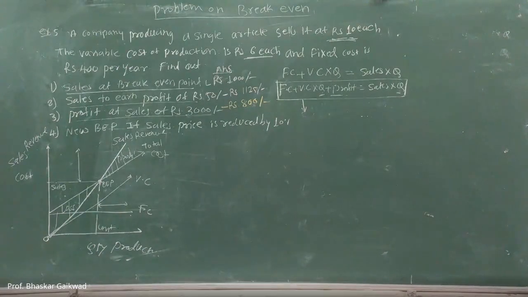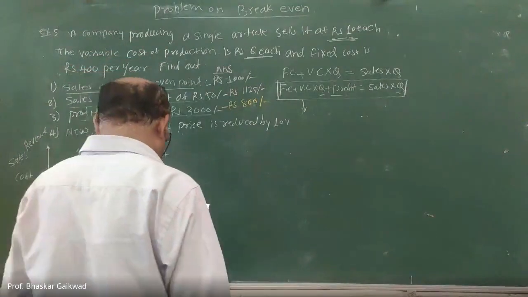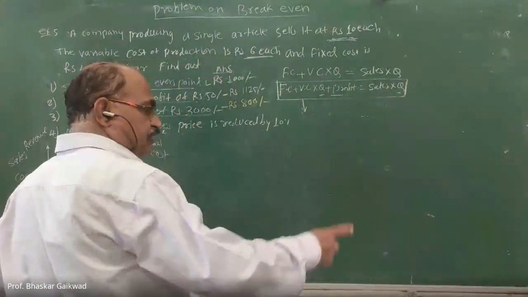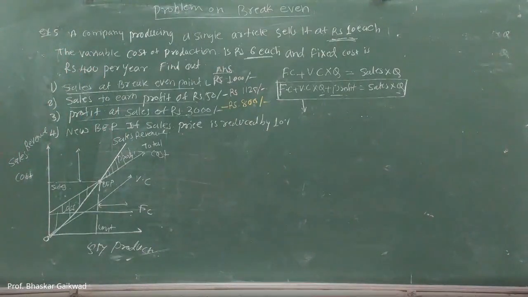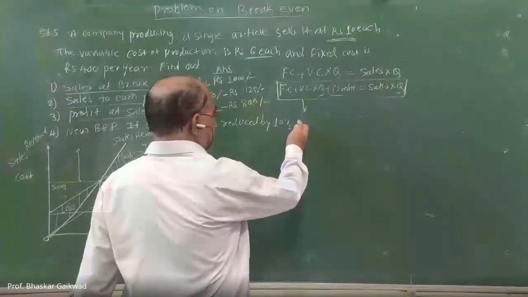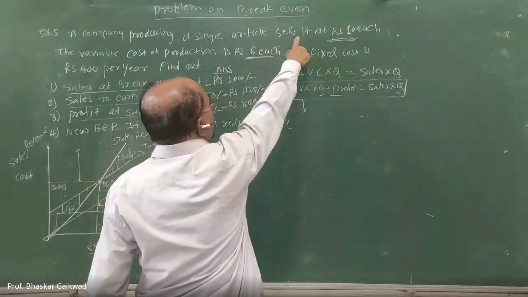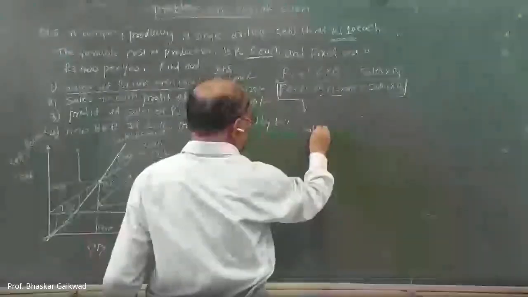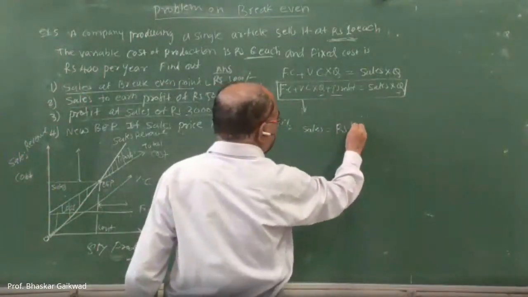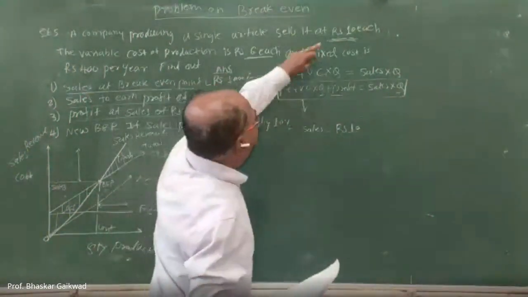What is the original price? How much amount do we have to reduce? 10% of the original price. The original sales price is rupees 10.